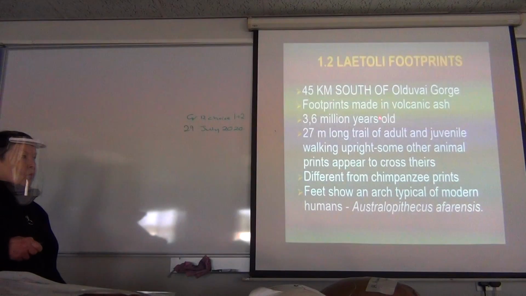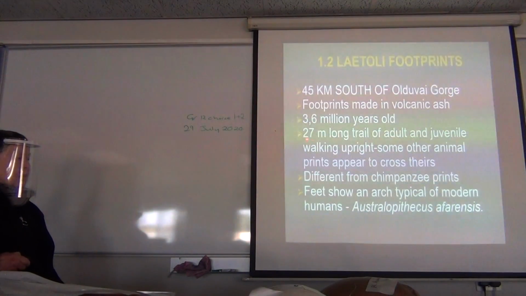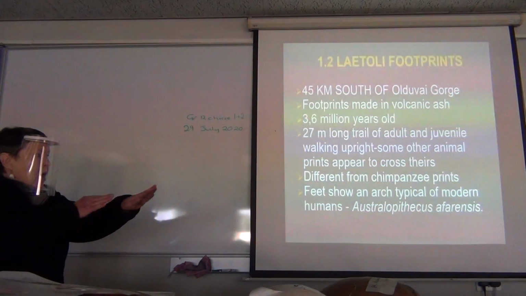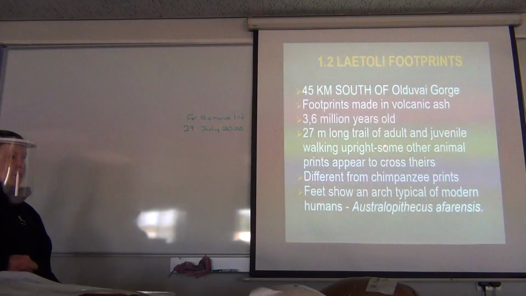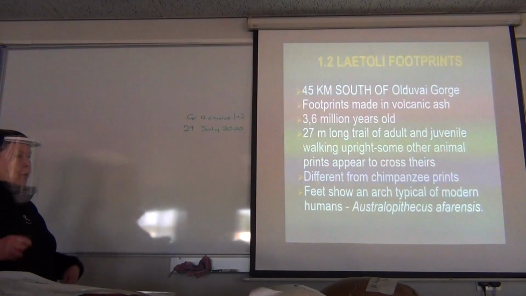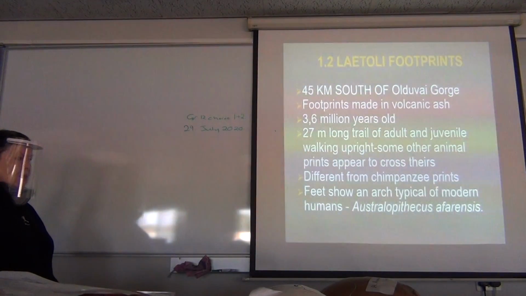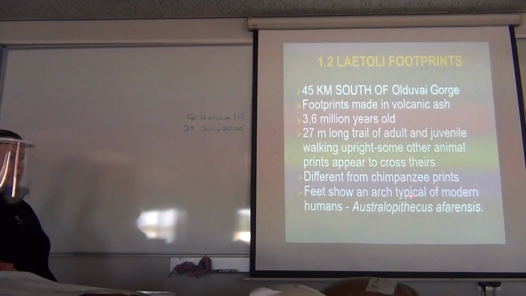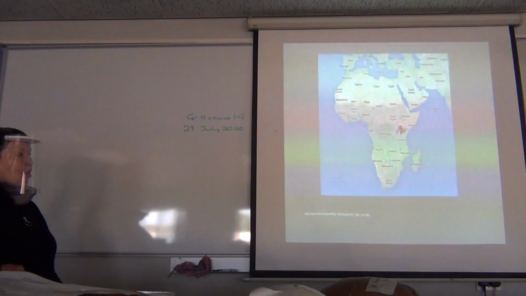And it's really, really good for making fossils. So these footprints are 3.6 million years old, and it's a 27-meter long trail of an adult and a juvenile walking upright, and it's very evident, and I'll show you the movie. There are some other animal prints across theirs, they're very different from chimpanzee prints, and they show a foot arch typical of modern humans. And this is Australopithecus afarensis.